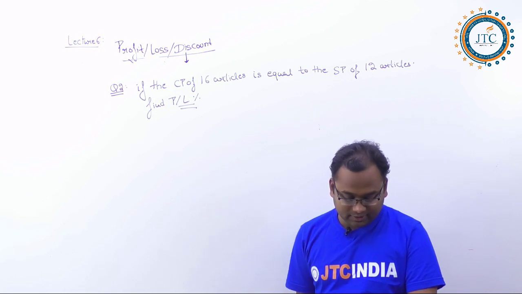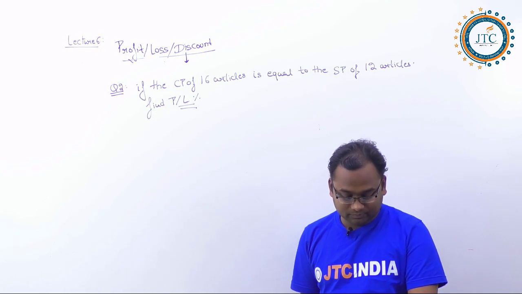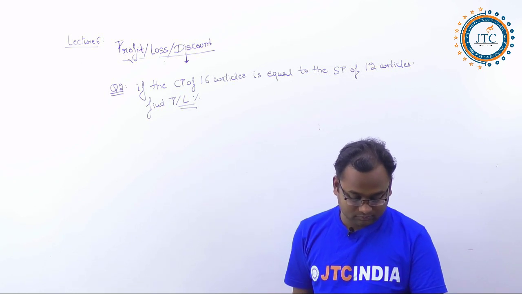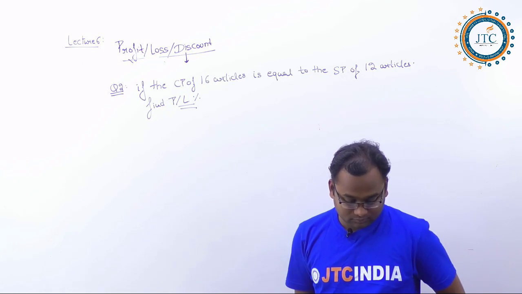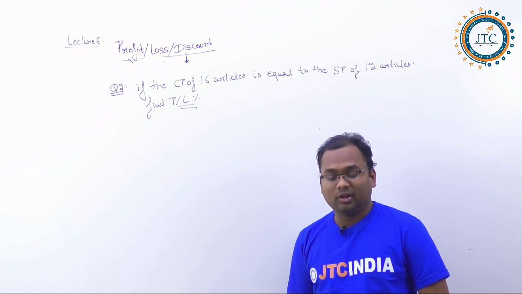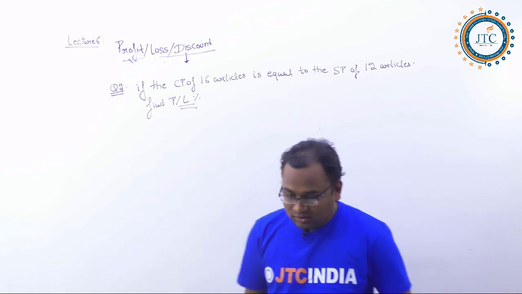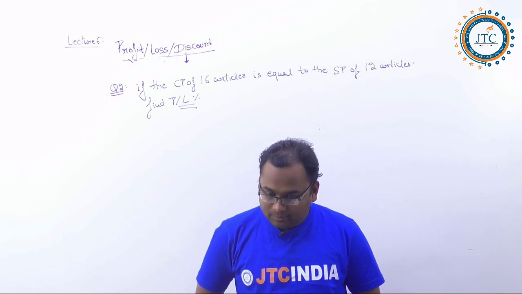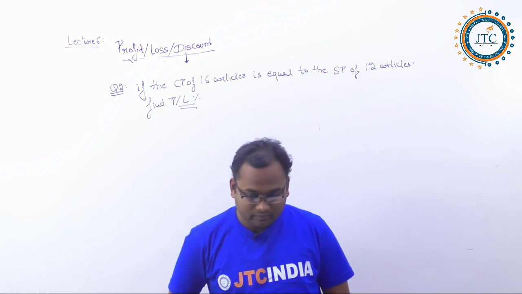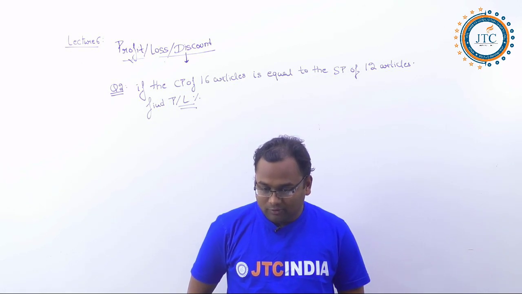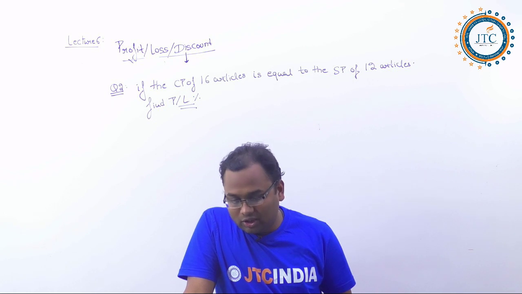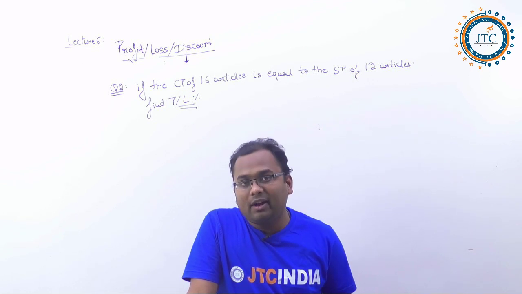What is the answer, students? Try to solve fast. 33.33% and one answer is 25% profit. First of all, you have to know whether it is profit or loss, then calculate the value.